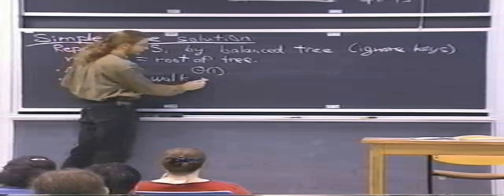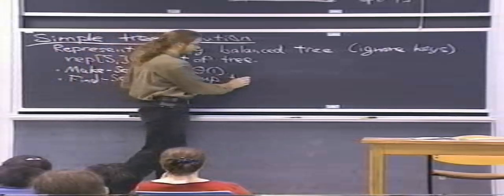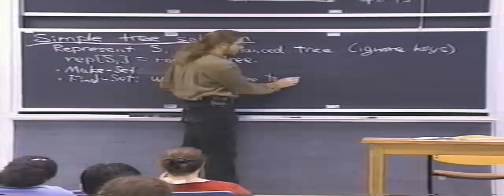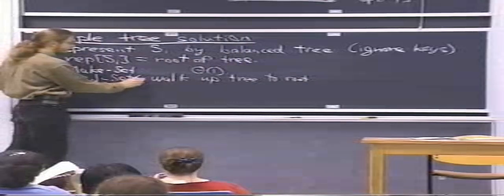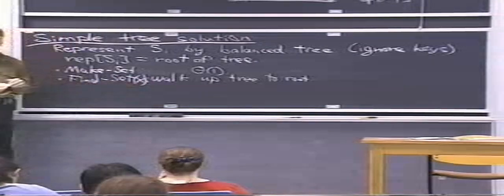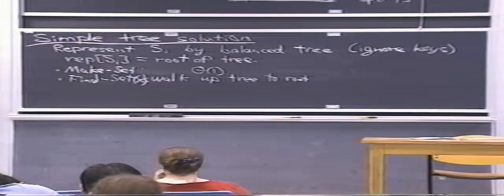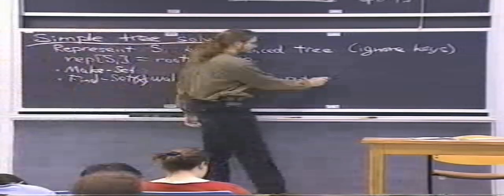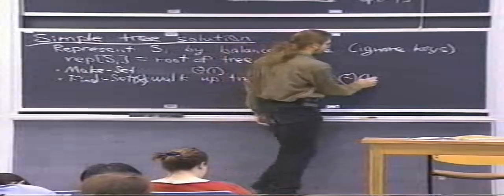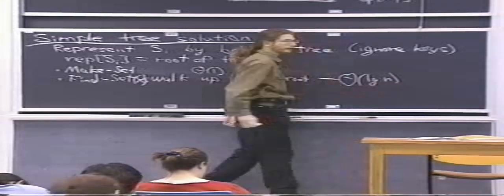Any suggestions? So I'm given some initial node x. I just walk up the tree from there. So that takes log n, right?